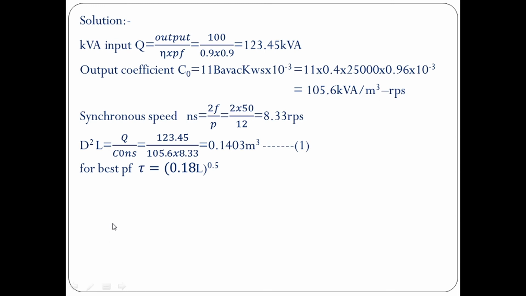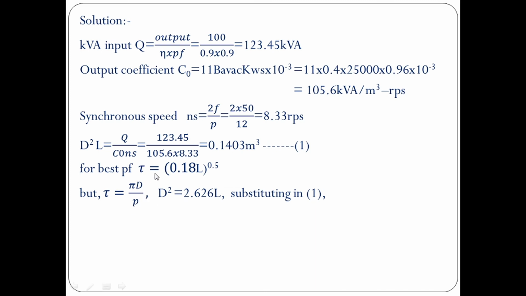For best power factor, if you see the table given in the theory part, the best power factor tau is equal to square root of 0.18 into L, that is 18% of the length under the square root. So that is the best power factor condition for tau, the pole pitch. So tau is equal to pi d by p.